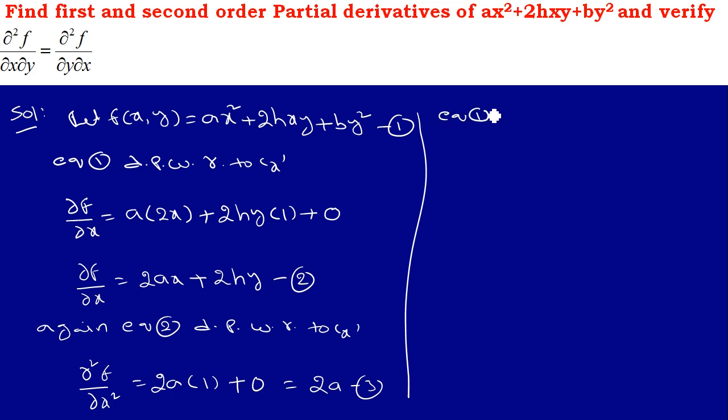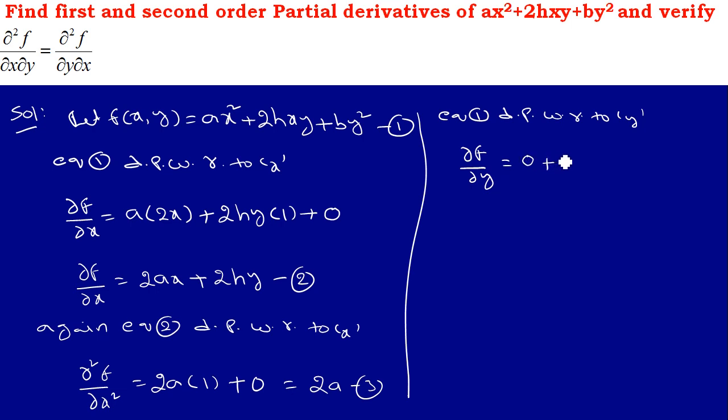Now equation 1, differentiate partially with respect to y. Then we'll write ∂f/∂y. With respect to y, x is constant, so ax square is constant and we write 0 directly.